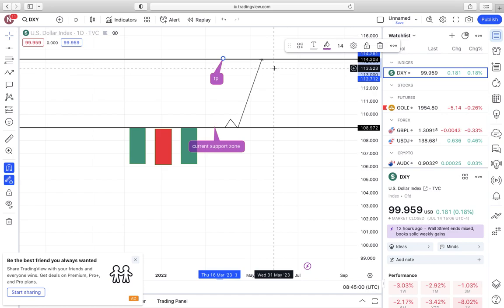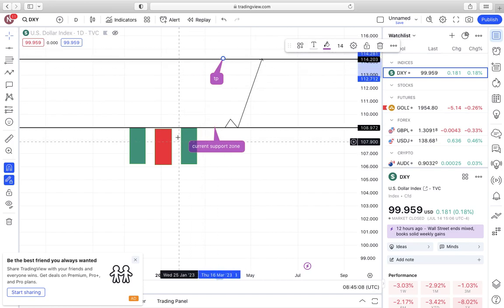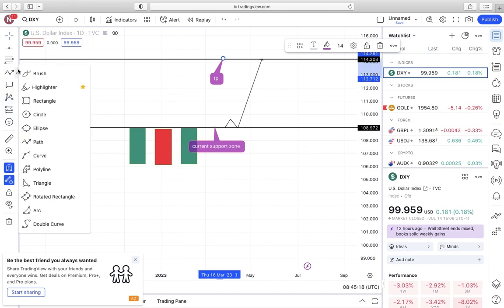Now you have to mark the current resistance zone and the next resistance zone, which means for this market to buy, this support zone has to be actualized, which is created, generally not broken, for it to buy.